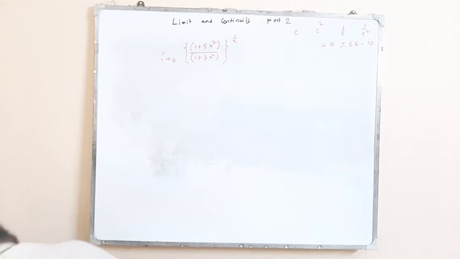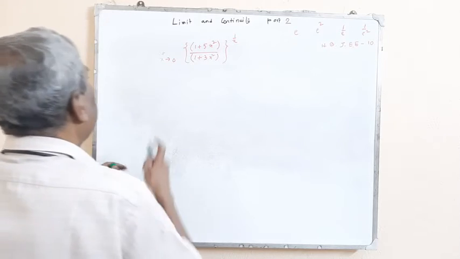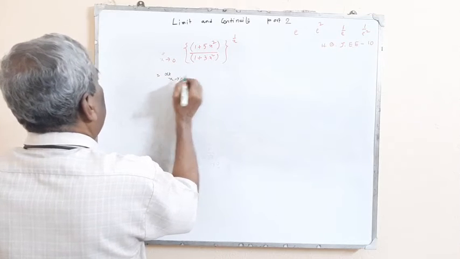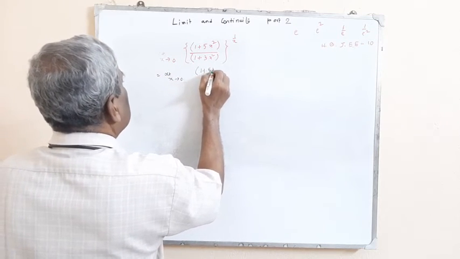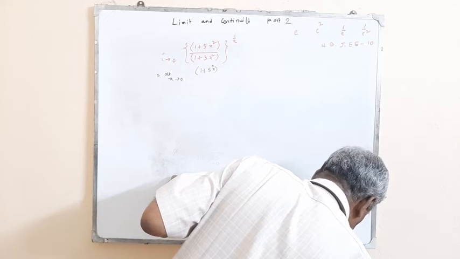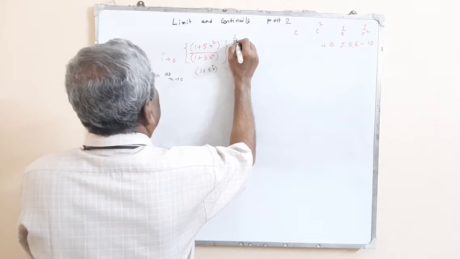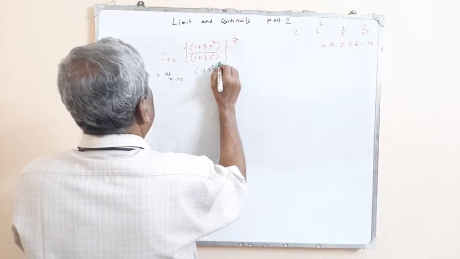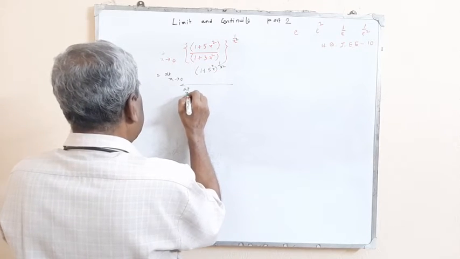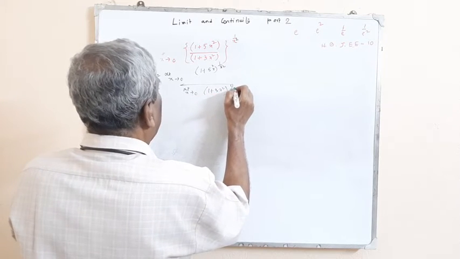Now, this problem is equal to limit x tends to 0, (1 plus 5x square) to the power 1 by x square, by limit x tends to 0, (1 plus 3x square) whole to the power 1 by x square.